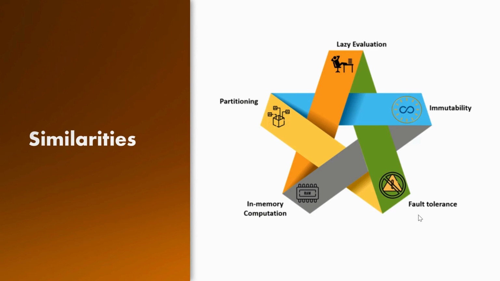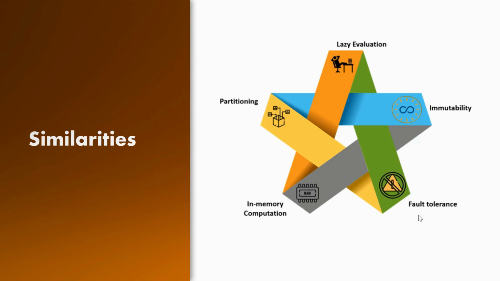As the data is growing day by day, you cannot keep the data in a single machine. So you have to distribute the data across different nodes of a cluster as logical partitions. The processing of the data happens in different partitions on different nodes of a cluster. This is a similarity between all of the APIs: RDDs, data frame, and dataset.